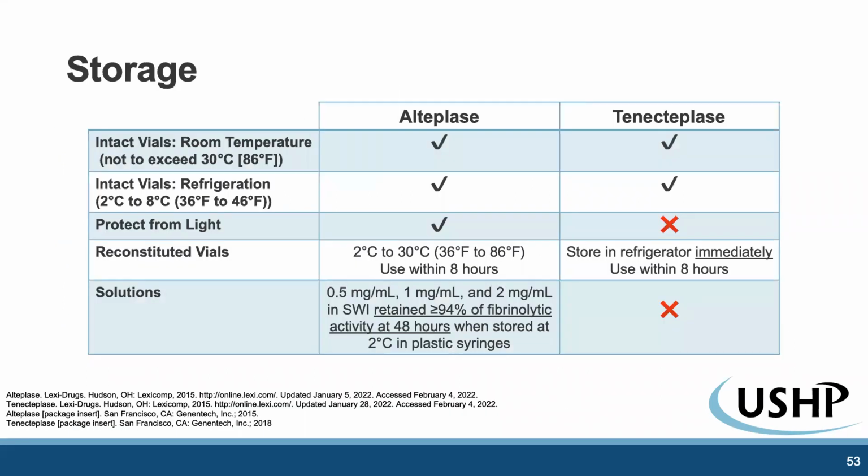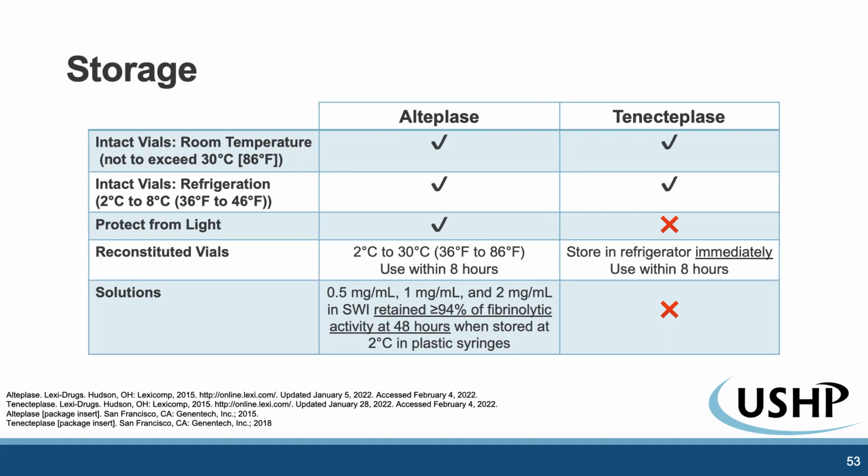And when assessing the storage, it's important to note that the storage criteria, or rather preferences, for both would be a little different. Intact, we have a room temperature vial. It can be stored at 30 degrees Celsius, or rather 86 degrees Fahrenheit. This is consistent for both Alteplase as well as Tenecteplase.